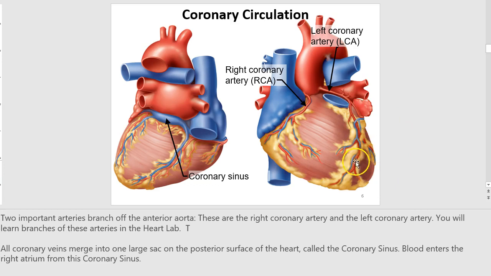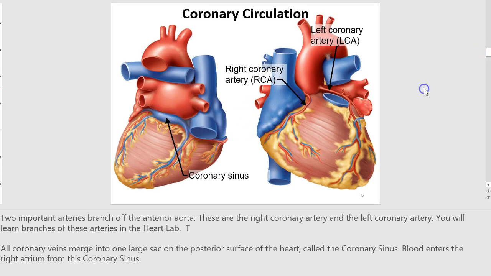In lab, you will learn two major branches of each one of those coronary arteries. And on the back, you can see how veins converge into this sac-like structure on the posterior surface of the heart called the coronary sinus. From here, blood enters the right atrium.